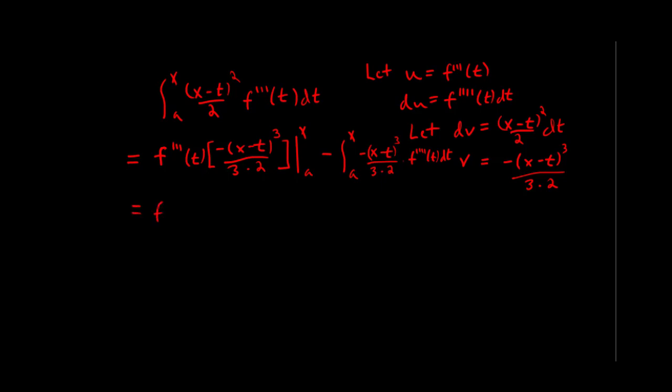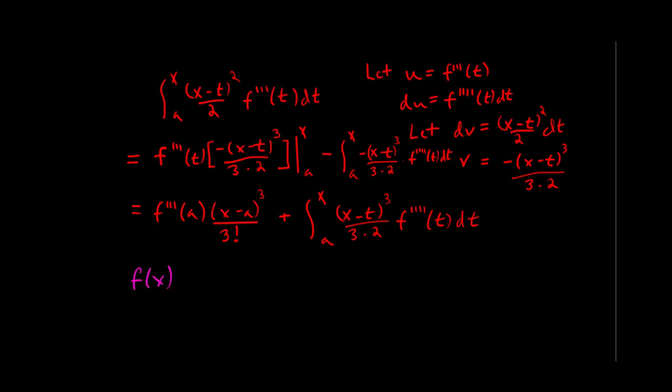That's going to equal f triple prime of a times (x minus a) cubed all over 3 times 2, or 3 factorial, plus the integral from x to a of (x minus t) cubed over 3 times 2, f quadruple prime of t dt. So hopefully by now you guys are seeing the pattern.